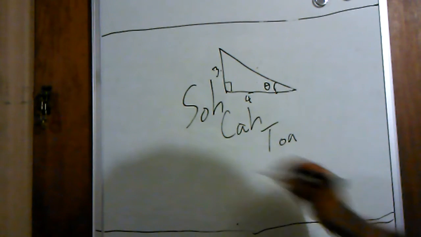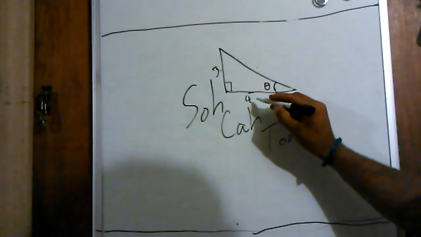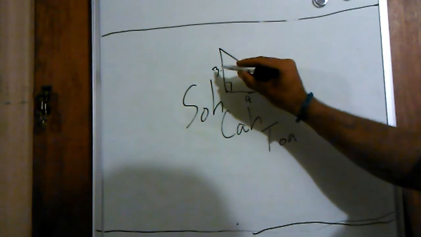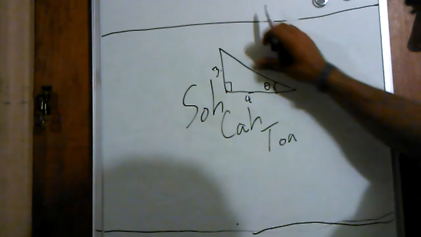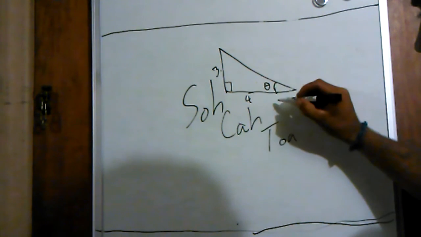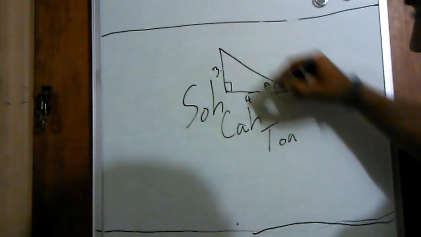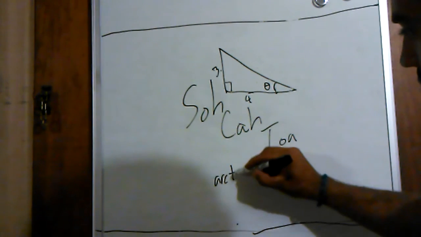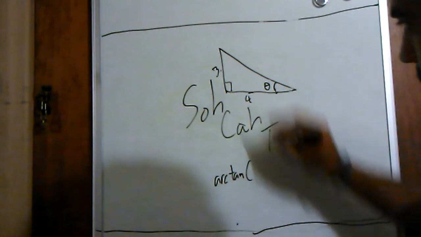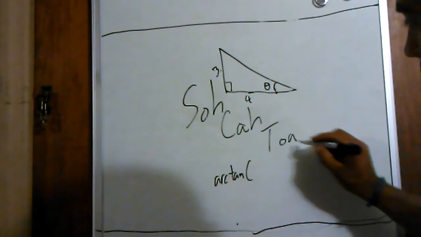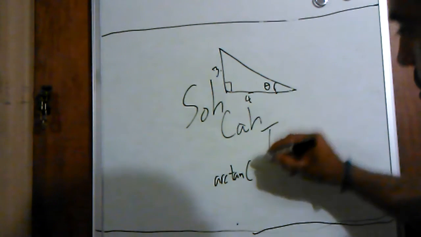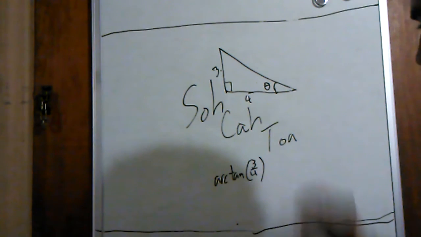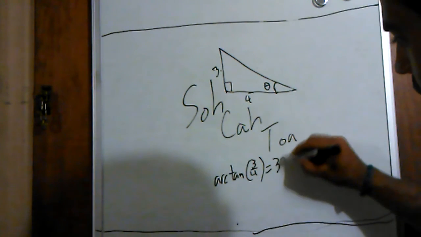Which sides do you have relative to theta? You have the opposite, and you don't have the hypotenuse, but you have the 4, which is not the hypotenuse and not the opposite, so it must be the adjacent. So you would do arc tangent of opposite divided by adjacent, where the opposite is 3 and the adjacent is 4. And then that would spit back out 30.